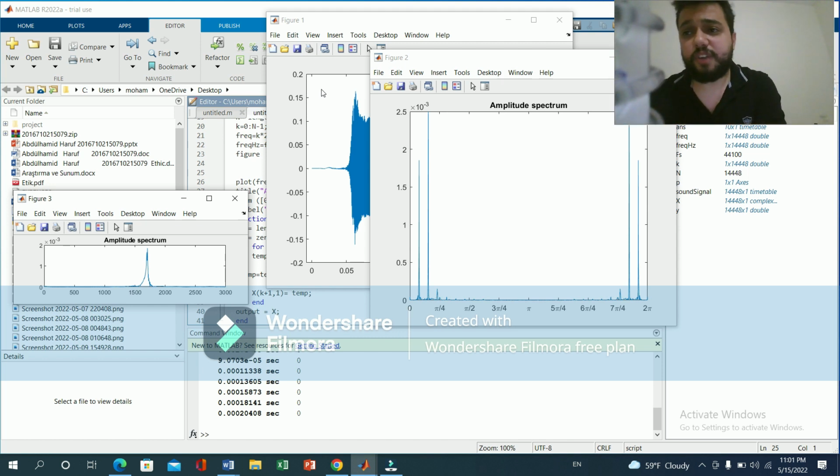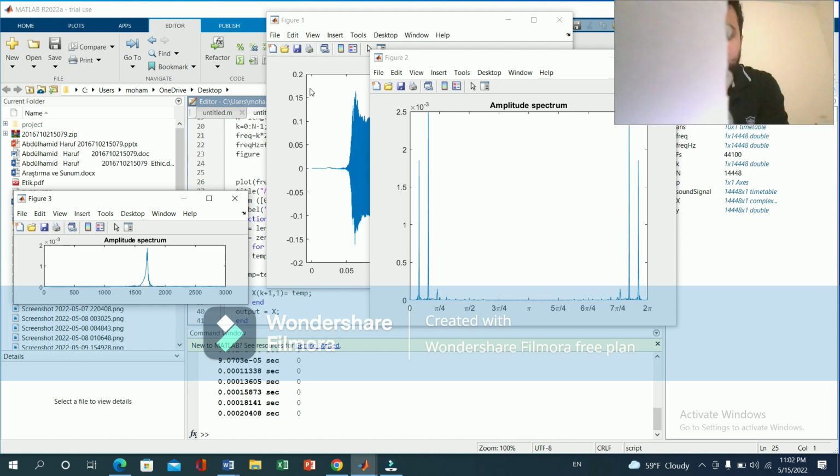For example, if I want to use radian 1000, 5000 like this, I should multiply omega by fs in radian. After that, I obtain frequency in radian.